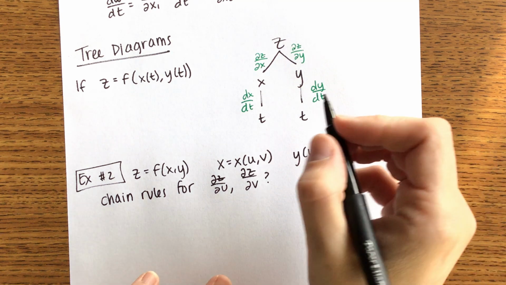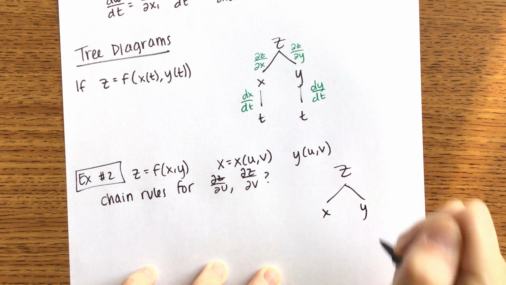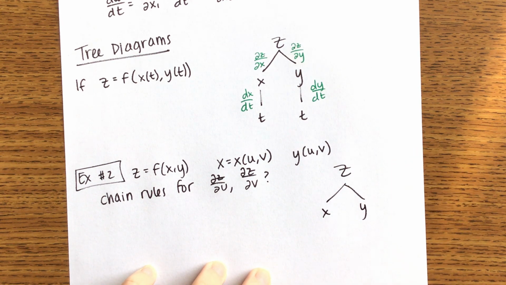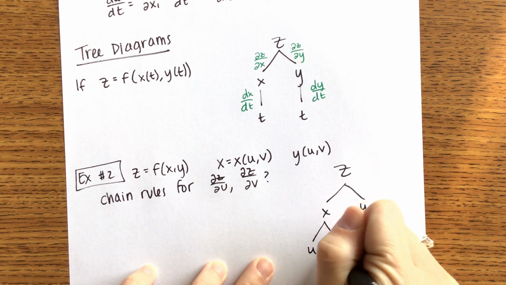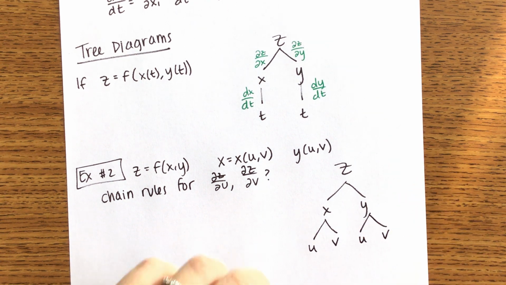So here's how this is going to start. Z is defined by x and y. X then is defined by u and v. Y is defined by u and v. In this case, z is defined by two variables. X and y are both defined by two variables. So any derivative you take is going to be a partial.